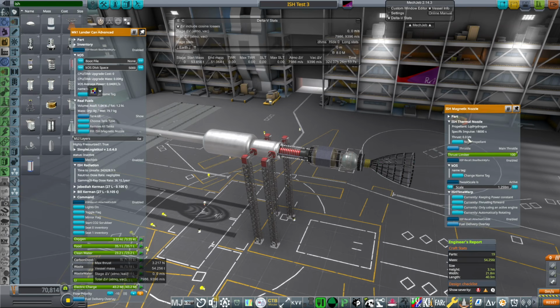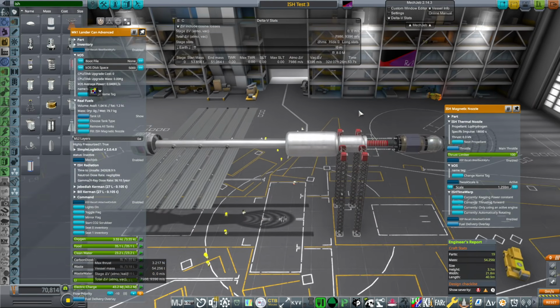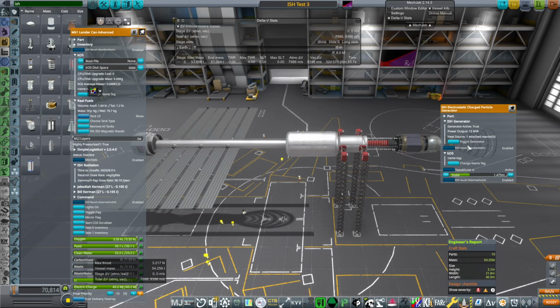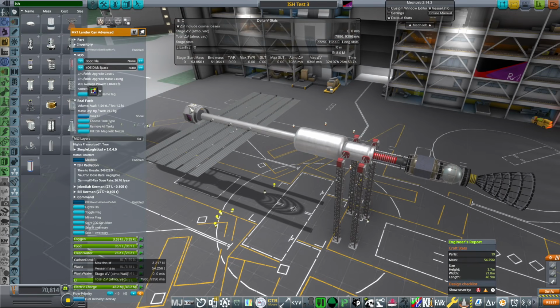So that's what determines the thrust. The thrust is very low right now. We would get a better read outside, but you can see it's very low because we've got 32 days worth of burn time. So if we shut off the generator, we get more thrust, but we would only really see that outside. So let's take it outside.